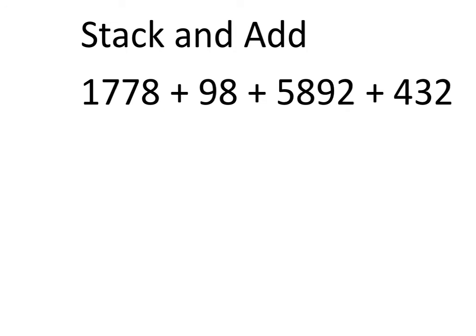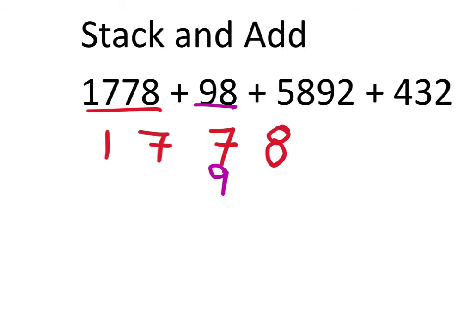So I'll start with my 1,778, and then I'll go to my 98 here. That's a 9 in the tens place value. I'll put it there, and then an 8 in the ones place value here.